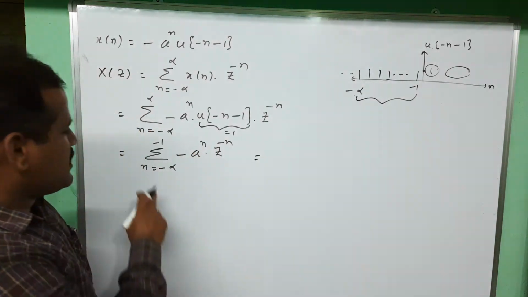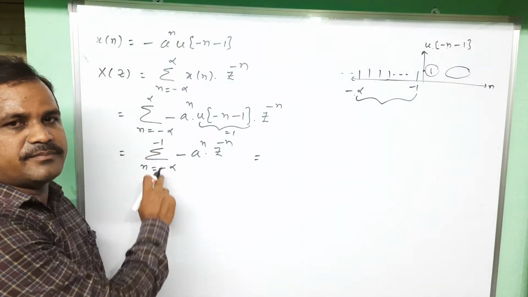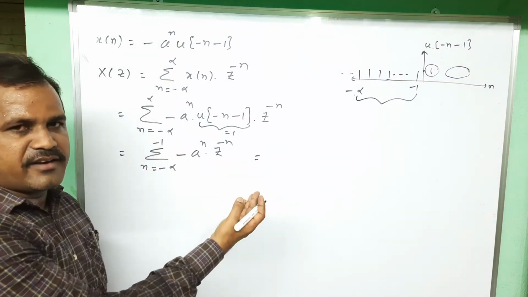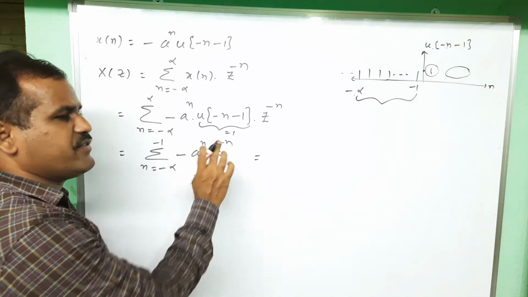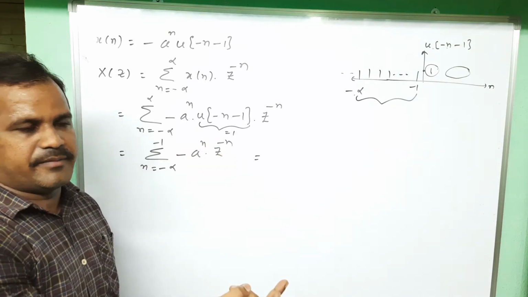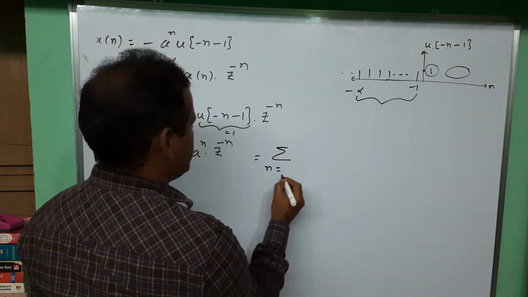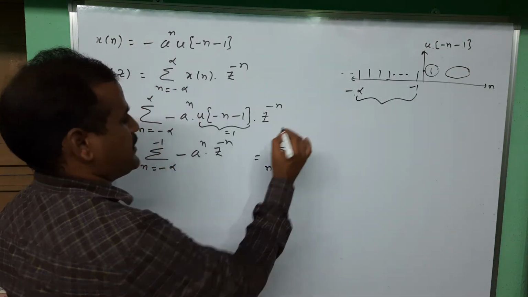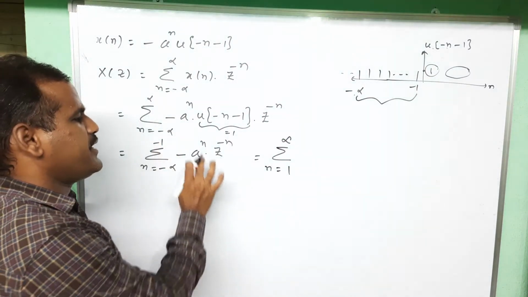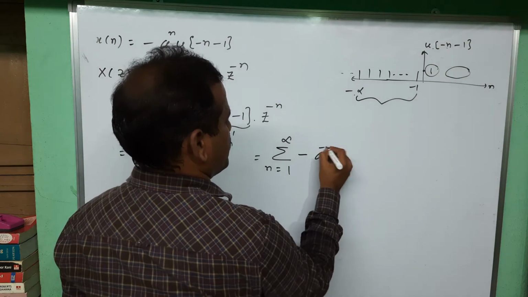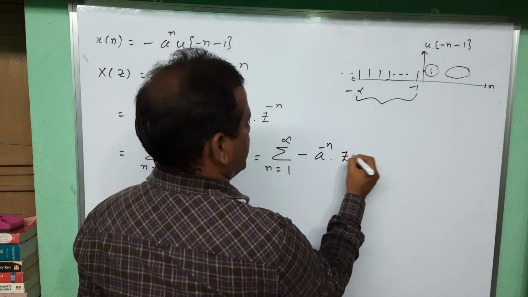Whenever we see a sum of the series on the negative side or left hand side, we can convert it into the right hand side by replacing every n with minus n. That is what we have discussed many times. So I am rewriting this summation as n from 1 to infinity, with every n replaced with minus n, so we have a to the power of minus n and z raised to plus n.